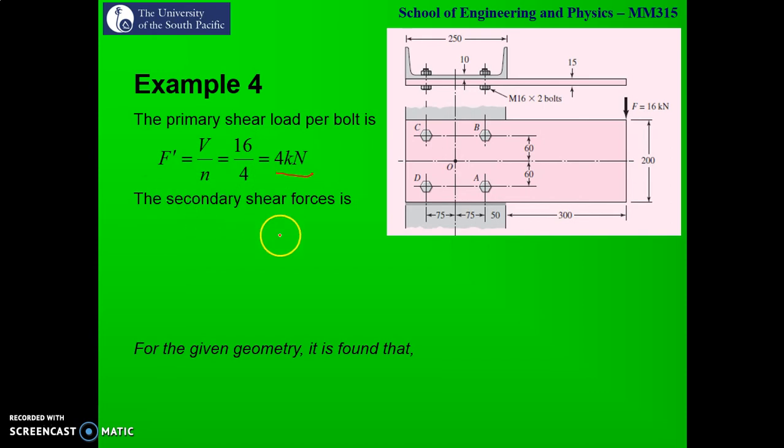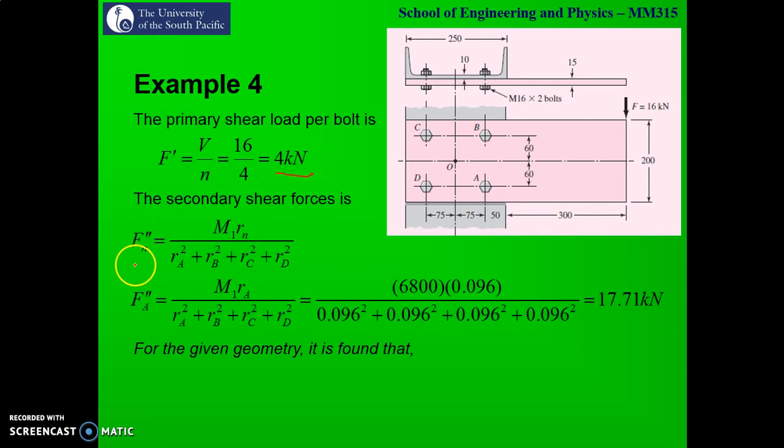Now for the secondary shear, we use this expression: F double prime n equals M times Rn divided by Ra squared plus Rb squared plus Rc squared plus Rd squared. I will calculate the secondary shear acting at bolt I. So this becomes, with Ri the distance of bolt I from the centroid, your moment of 6800.